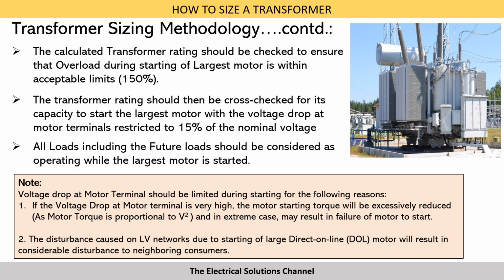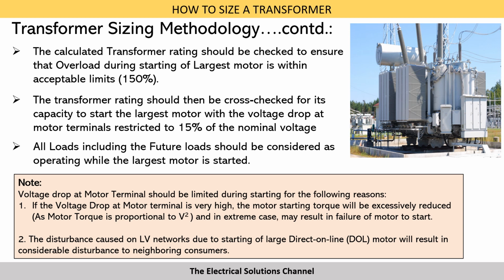And why do we need to ensure that the voltage drop at motor terminal is limited when the largest motor is started? Well, if the voltage drop at motor terminal is very high, the motor starting torque will be excessively reduced, as the motor torque is proportional to voltage square. And in extreme cases, this will result in failure of the motor to start.